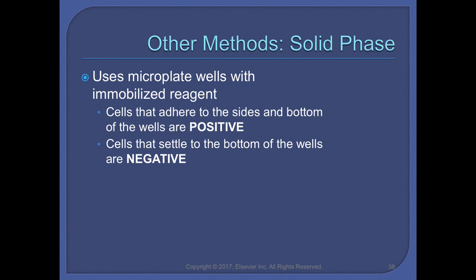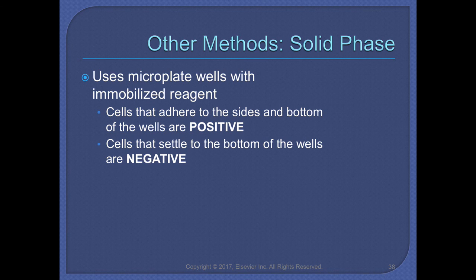There's a washing step that removes all of the unbound IgG antibodies, and then you add anti-IgG coated indicator cells. In a positive indirect test, the indicator cells adhere to the sides and the bottom of the well. In a negative indirect test, the indicator cells settle to the bottom of the well and form a red cell button after centrifugation.